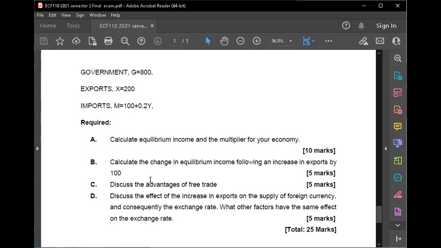All right. So free trade encourages investment. One of the advantages of free trade is that it encourages investment. It also encourages high productivity.